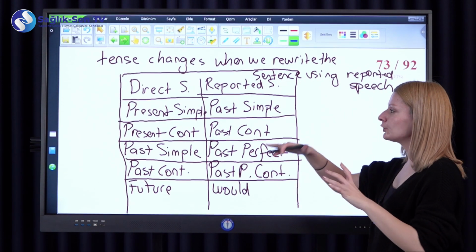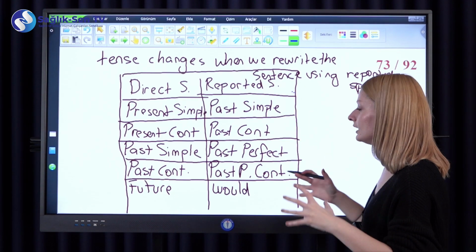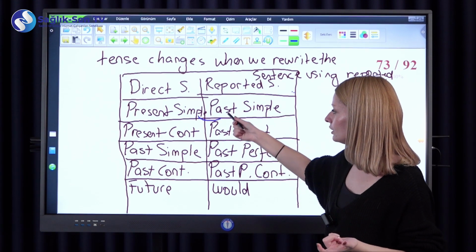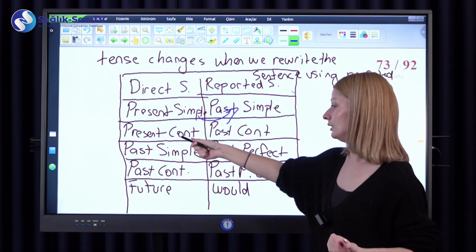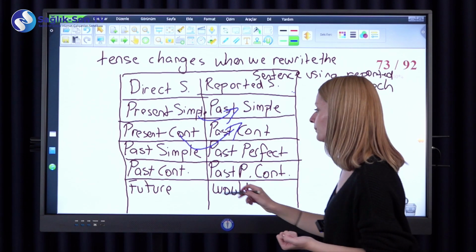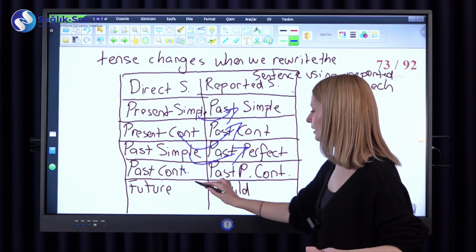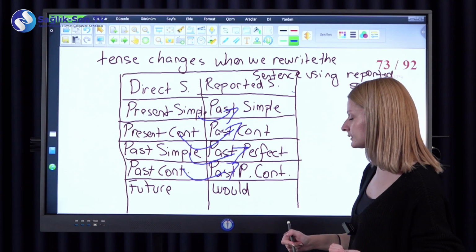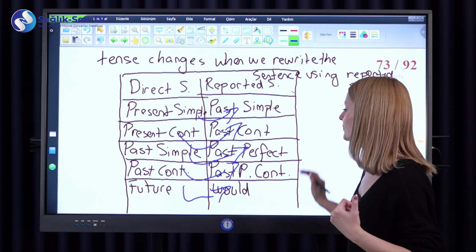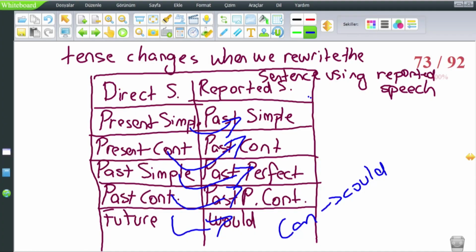When we are turning sentences into reported speech, we change the tenses. Present simple turns into past simple. Present continuous turns into past continuous. Past simple, past perfect, past continuous. Past perfect continuous. Future turns into would, and can turns into could.